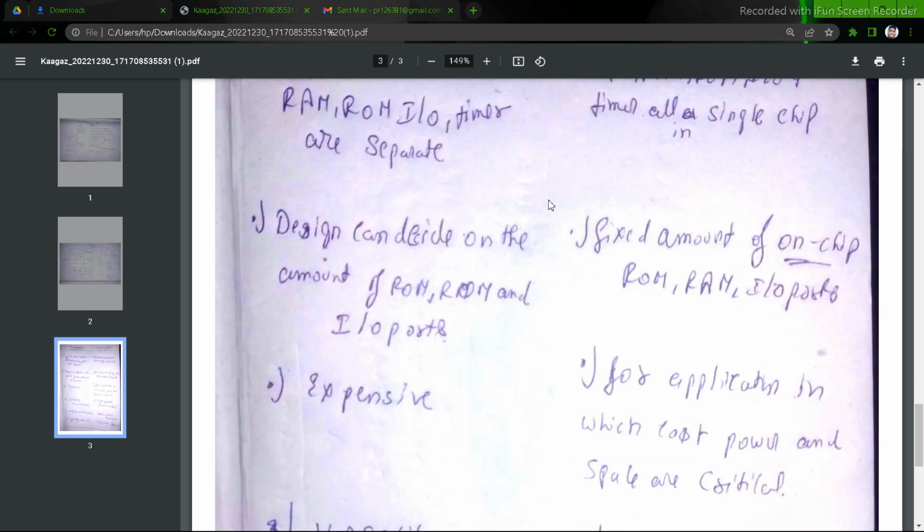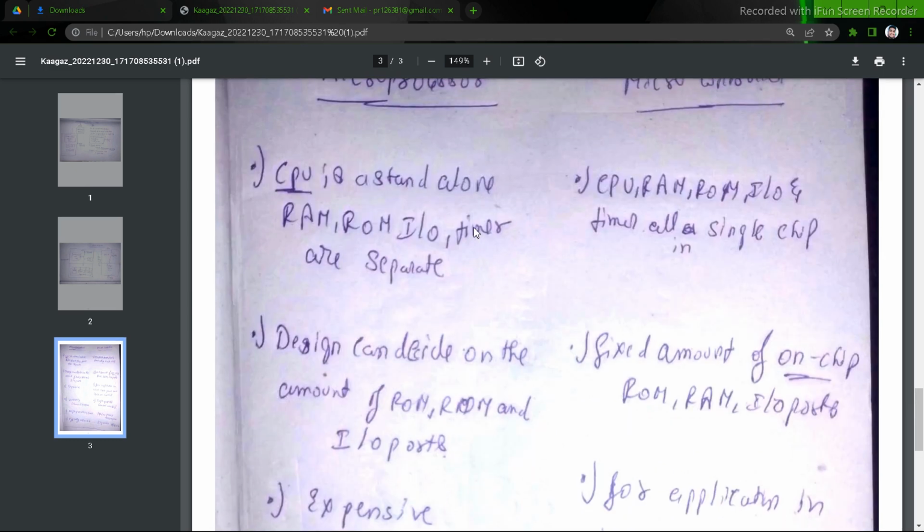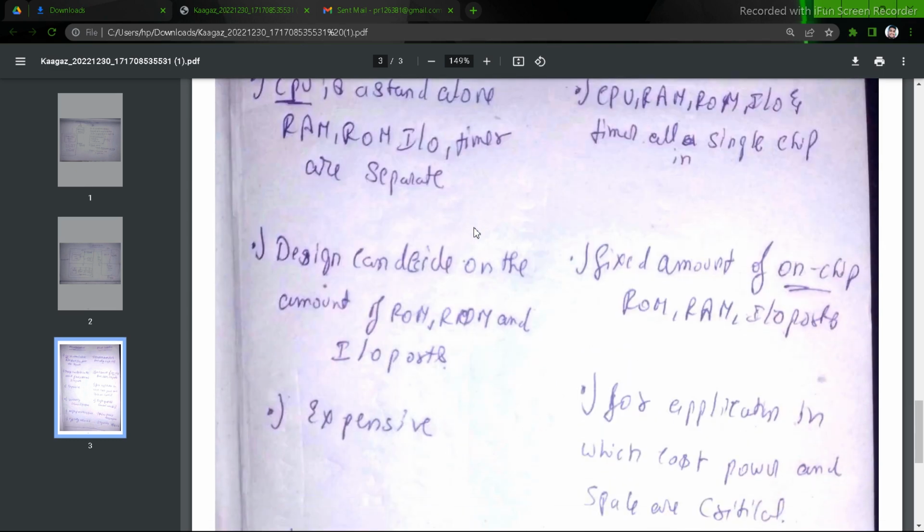That's one thing. Next is about the design. In a microprocessor, we can have different RAM, ROM, and input output devices, which according to the user or owner can be changed at any time.